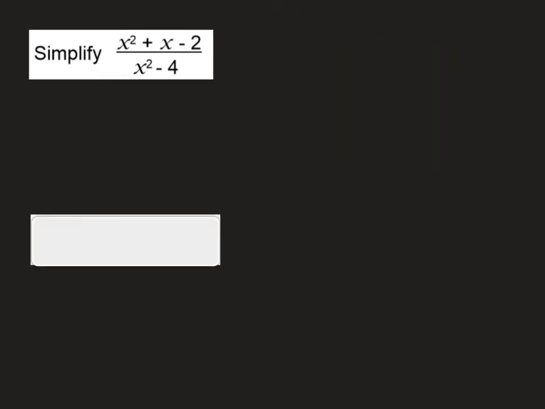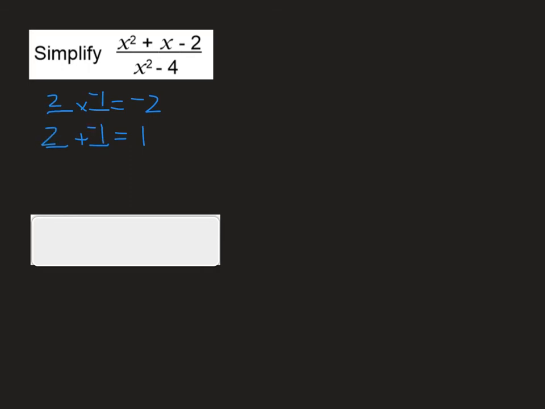So for some questions like this, look at the top. There are no common factors at the top, but it's a quadratic that I can factorise. So that's just basic factorising. I'm looking for 2 numbers that multiply to give me -2 and that add to give me 1, like 2 and -1.